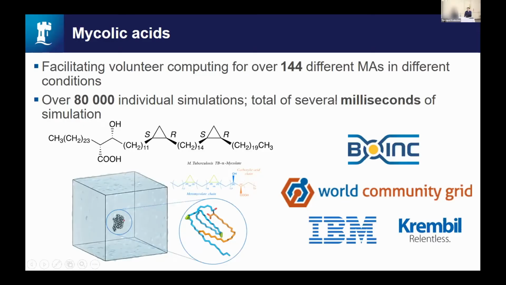They have a couple of projects. Ours is the tuberculosis project, but there are Zika projects, HIV projects, and not surprisingly also a COVID project now. What we did here is we constructed over 144 different mycolic acids, and we sent out over 80,000 simulations with different starting conditions because we really wanted to know whether these have an influence.